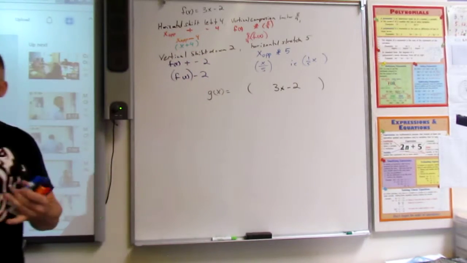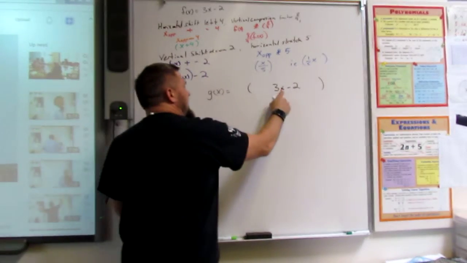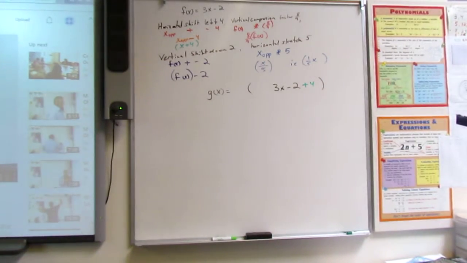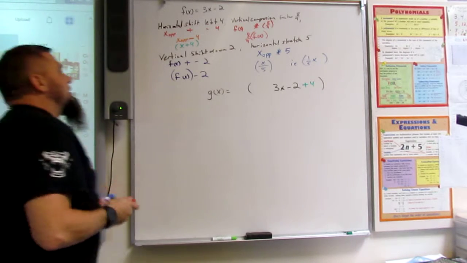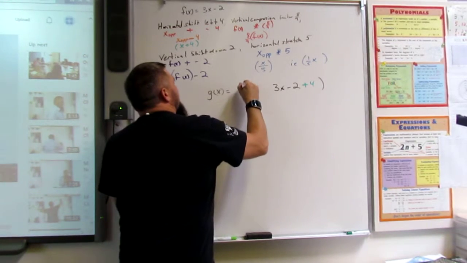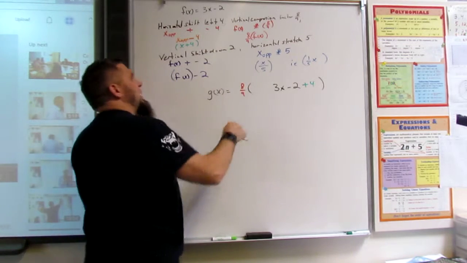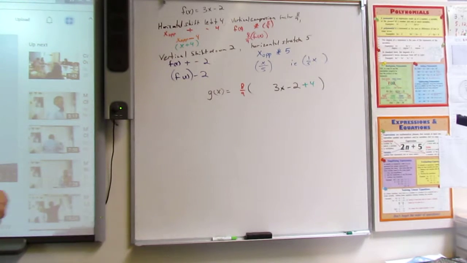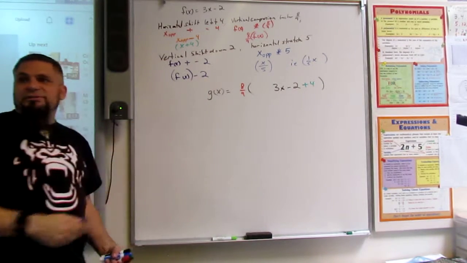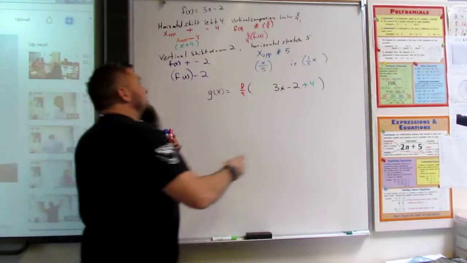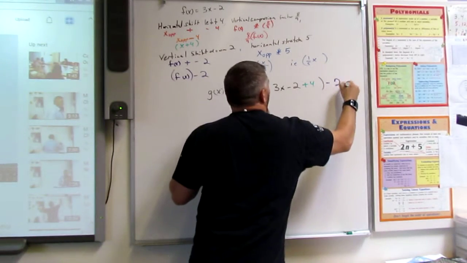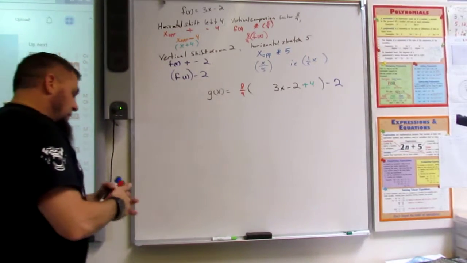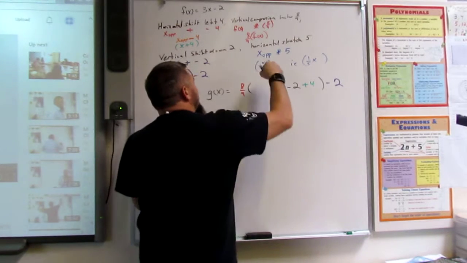The green one is plus 4. It's x plus 4, inside the parentheses. I take the red one, 8/9, outside the parentheses. I take the purple one, also outside the parentheses, because that's against the whole function. Then I take the blue one and put it inside the parentheses.